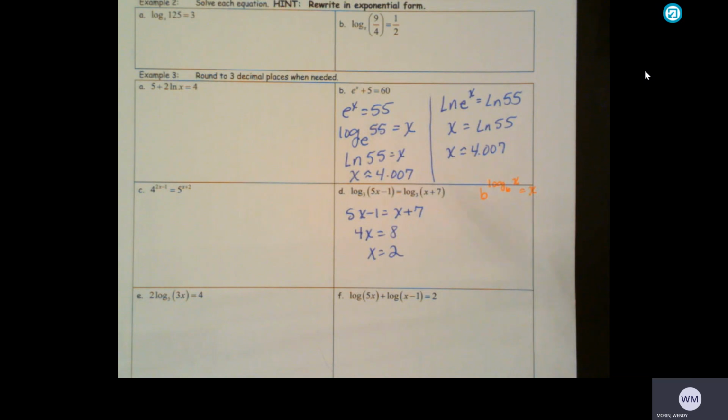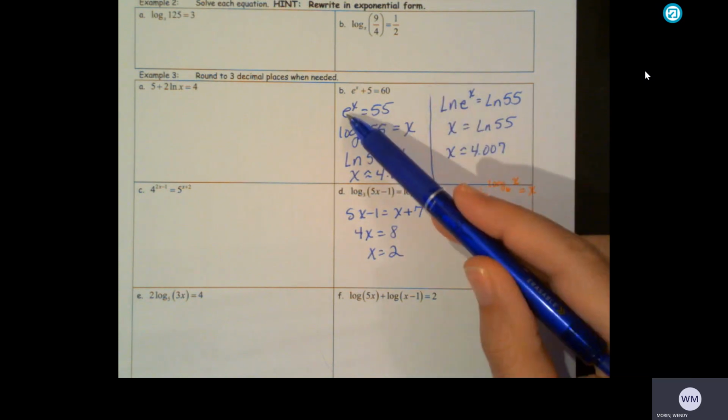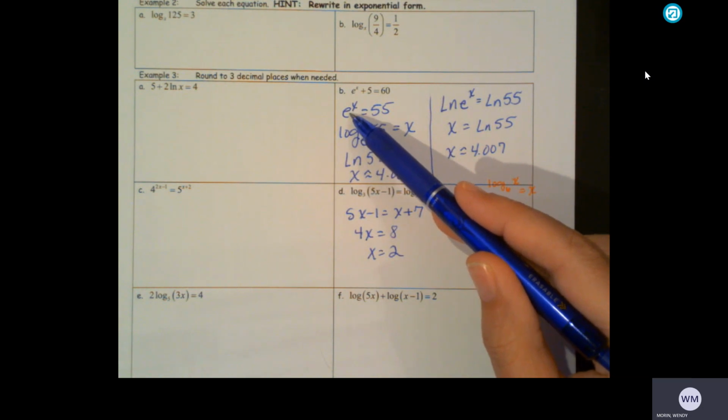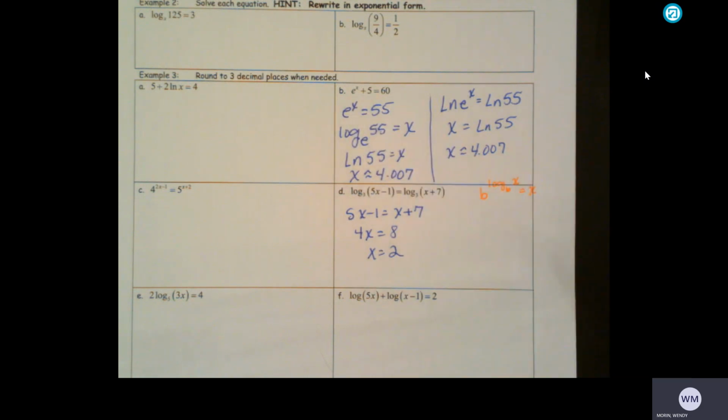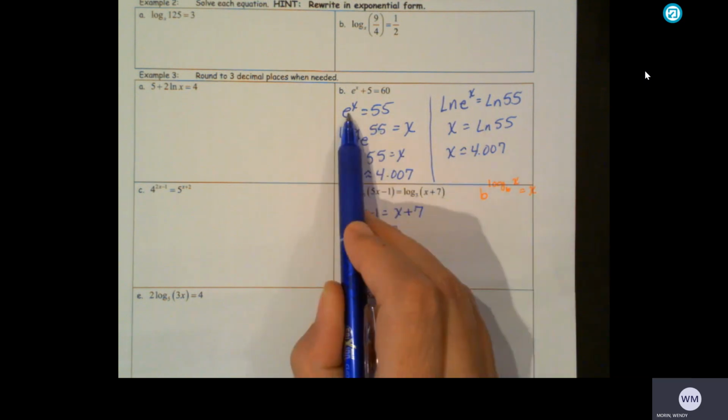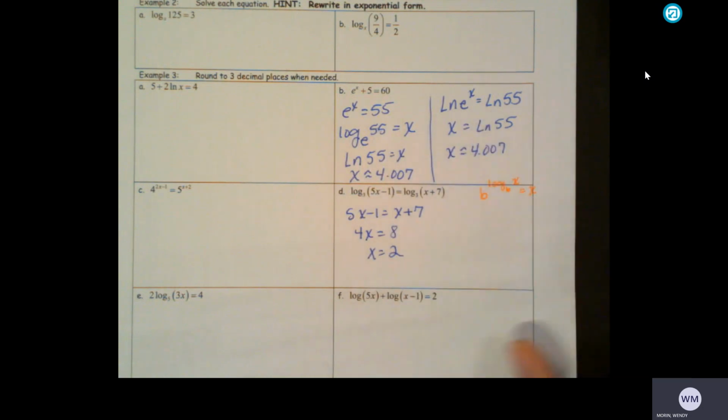Okay? Now, having said that, if this was a base 10 problem, I would take the common log of both sides. That's what I would do. Just like if it's a base e, I take the natural log of both sides.